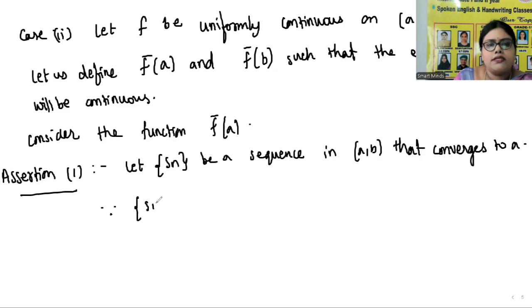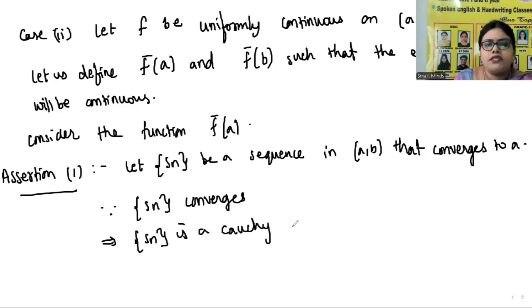Since the sequence Sn converges, if it converges, we can say that it is a Cauchy sequence, because every convergent sequence is a Cauchy sequence.